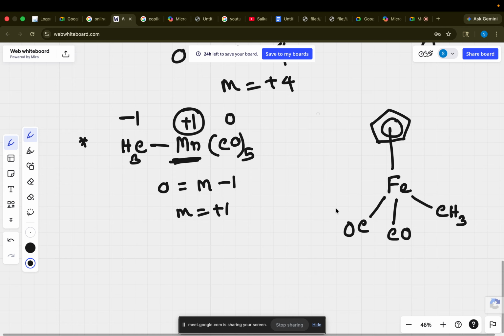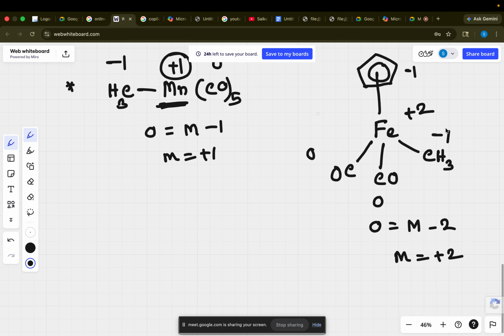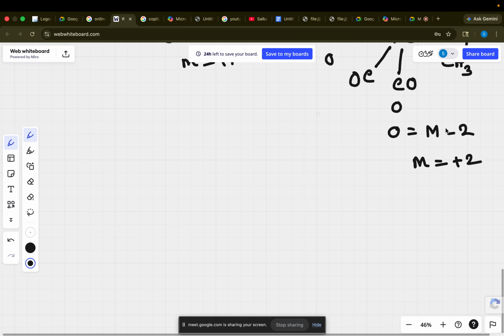So again carbonyl is a neutral ligand, so here the contribution will be 0. For methyl you will get minus 1, and for this cyclopentadienyl ring you will get minus 1, right? So we have 0 is equal to M minus 1 minus 1. So basically M is equal to plus 2. Iron is present in plus 2 oxidation state. Clear? Yes, sir. Clear, right? Okay.